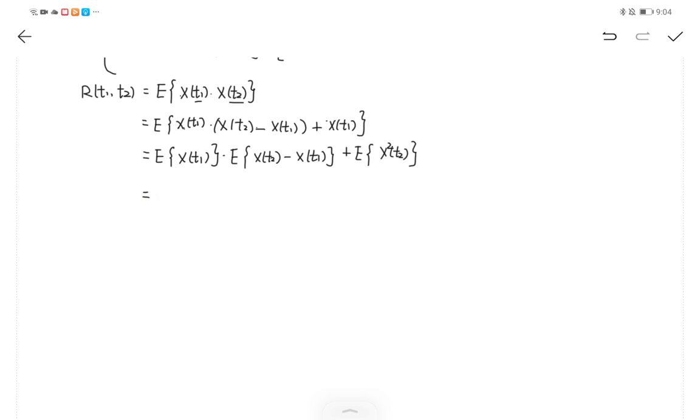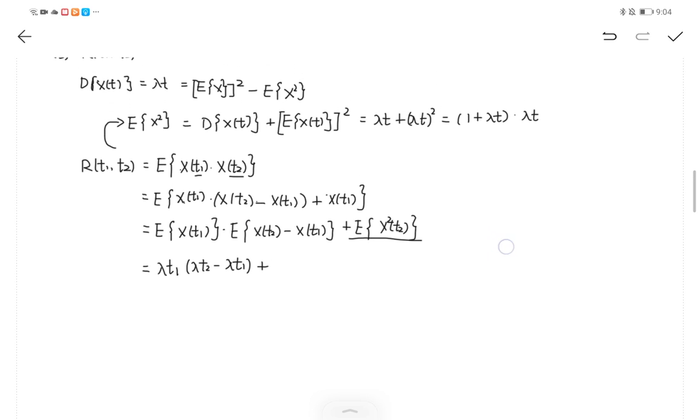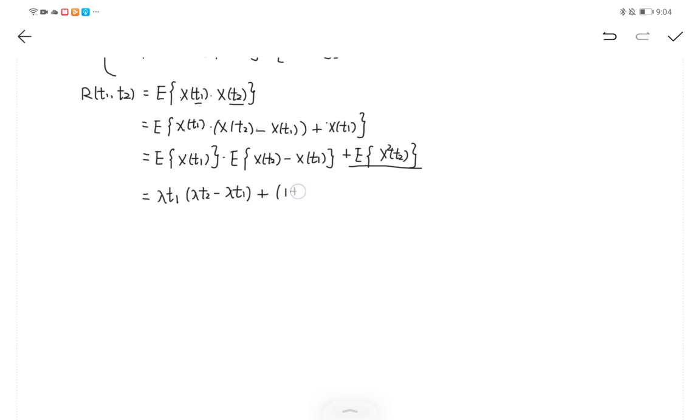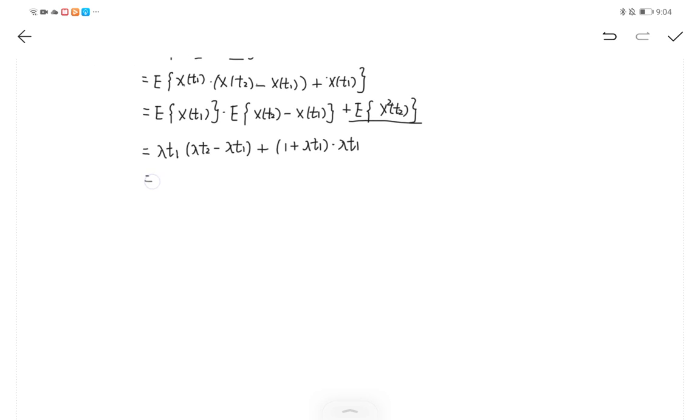So the expectation of X(t1) must be lambda t1, and this part is lambda t2 minus lambda t1. This part is what we calculated here. It equals 1 plus lambda t1, multiplied by lambda t1. So it equals lambda t1 multiplied by lambda t2.